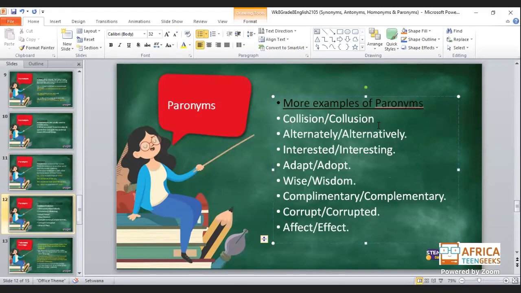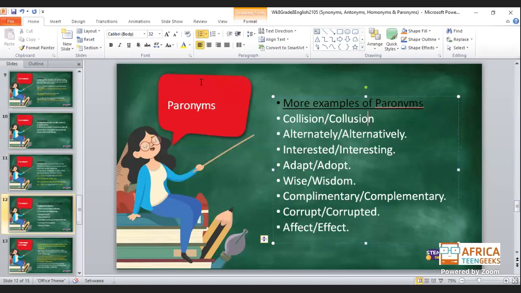We agree to come together. We agree to put our heads together. So you realize that these almost sound the same, but they are not the same, and they really come from the same root word. You see that collision comes from the root word of collusion.